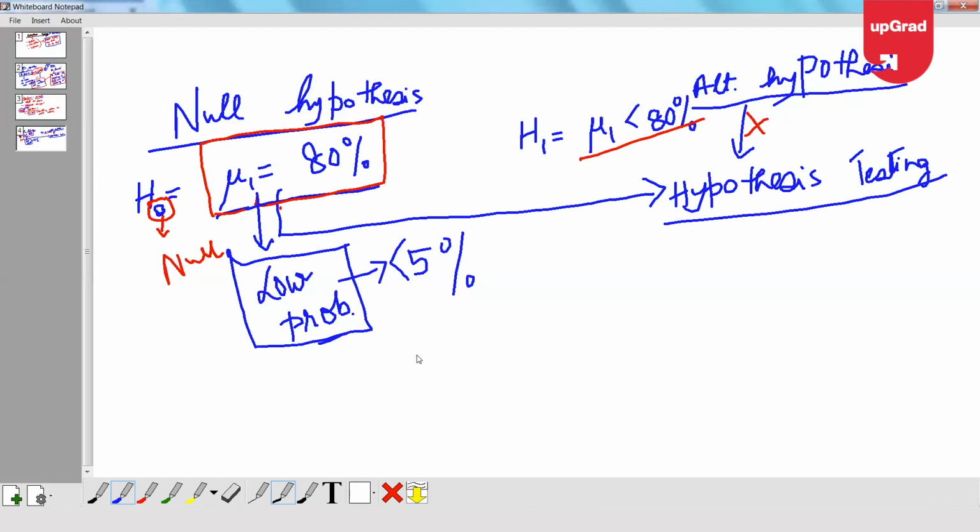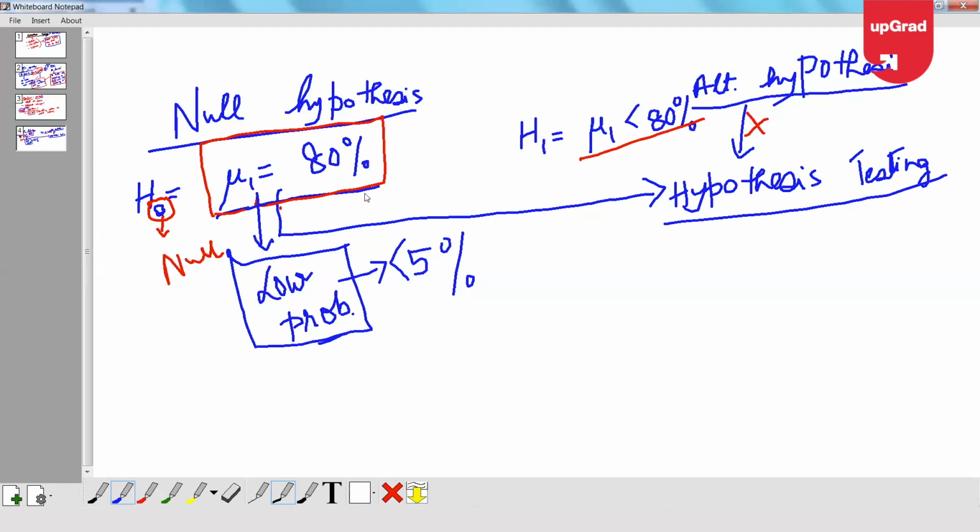Generally, there can be some exceptions. Someone can explicitly mention some percentages, but if nothing is mentioned, always assume that when we say low probability, we mean that the chances of occurrence of that particular event is less than 5%.